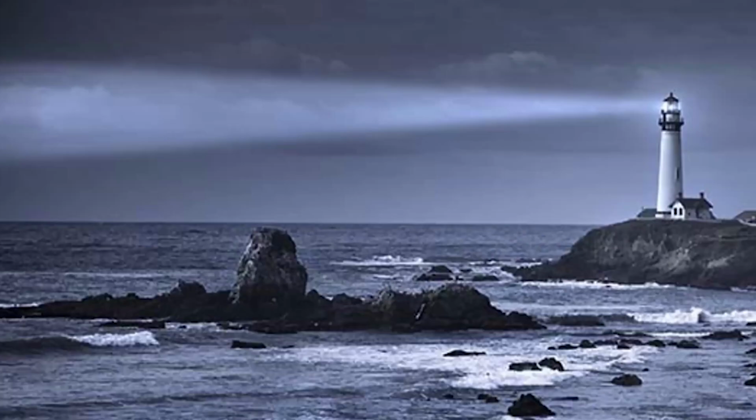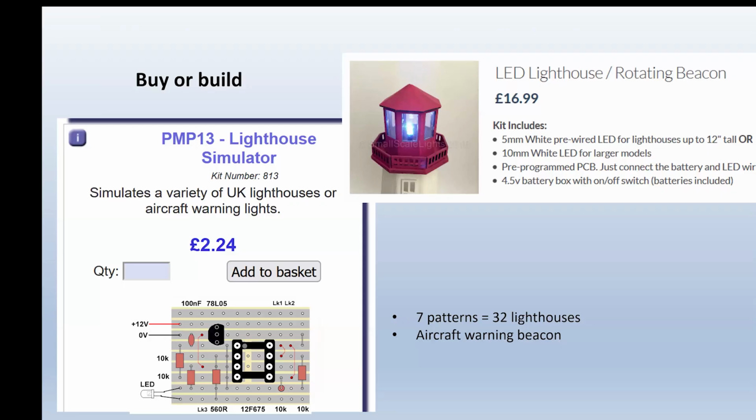Right. And then there's individual effects, like you want a lighthouse. Well, you can actually buy a lighthouse kit for 17 quid, or you can buy our pocket money kit from the MERG website. Our one is much, much cheaper and more versatile, because it has 7 different patterns depending what length you put in.